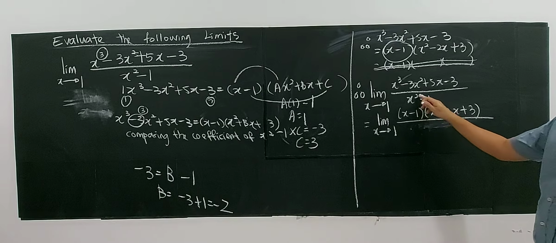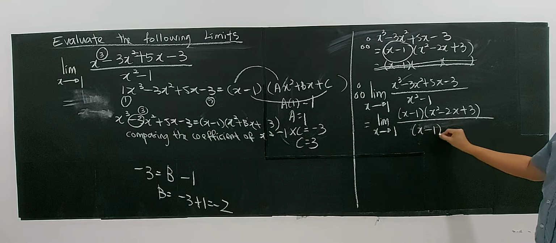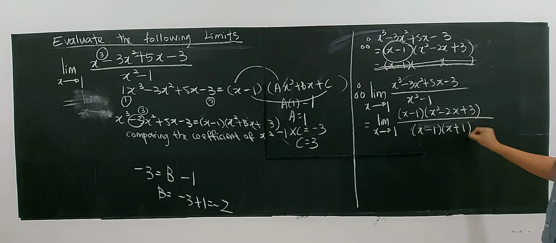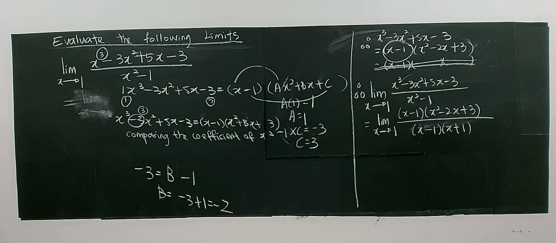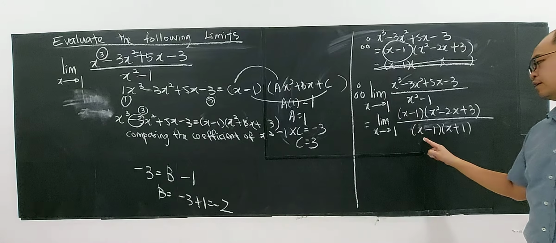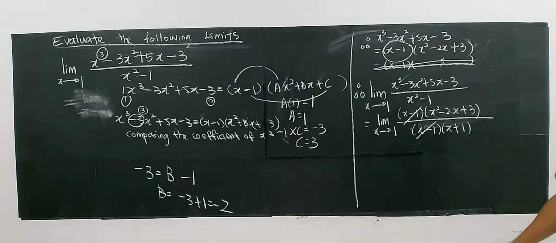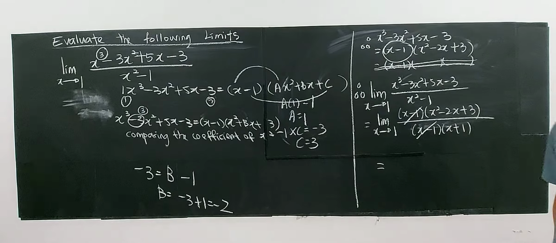But you look at this one, x squared minus 1, right? X squared minus 1, you can factorize to become x minus 1, x plus 1, right? So, this is the common factor that you want to eliminate. After eliminating, then you can get the value here.